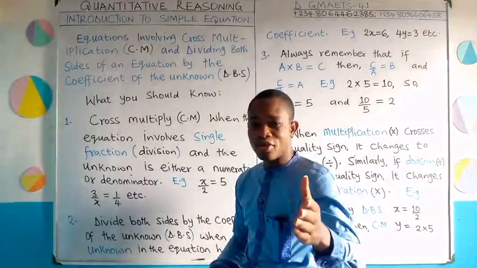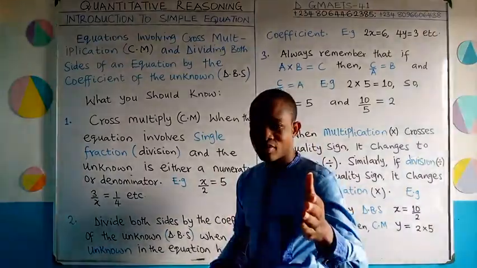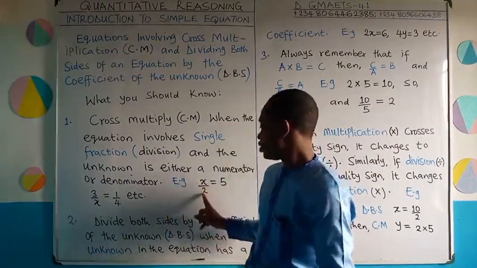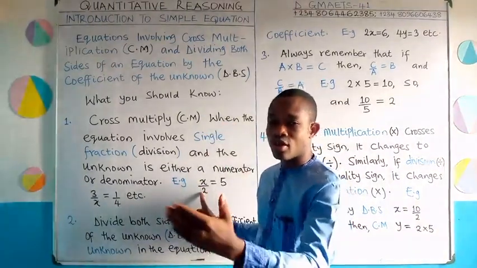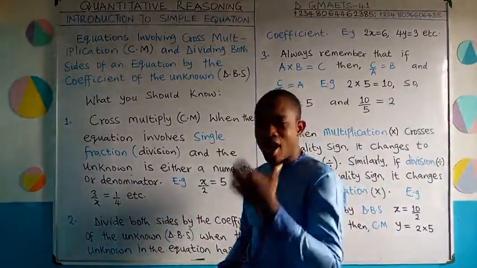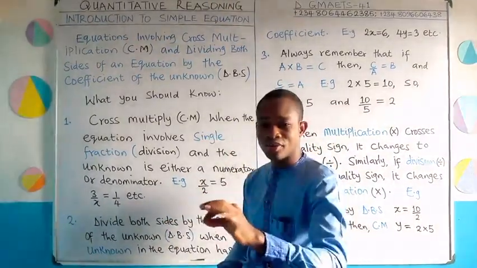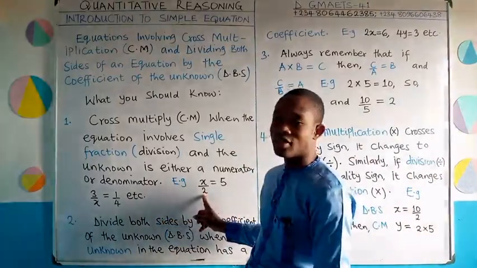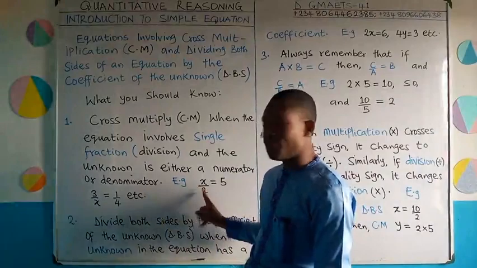I want to get the unknown, which is x. All I have to do, if you look at x is on the left hand side. This over 2 is also on the left hand side. Now if I am looking for x, I have to make sure that x is standing alone on that left hand side. Therefore, I have to move this over 2, this divided by 2.